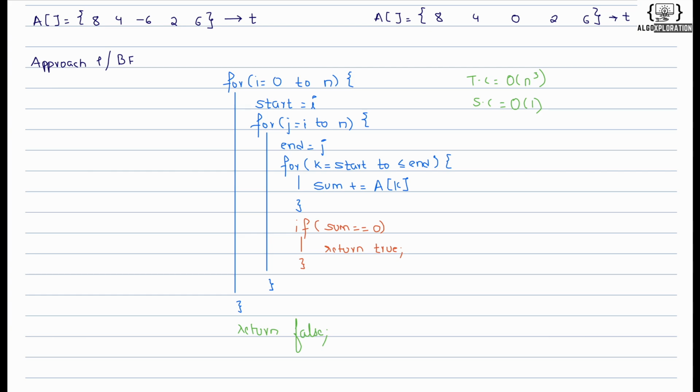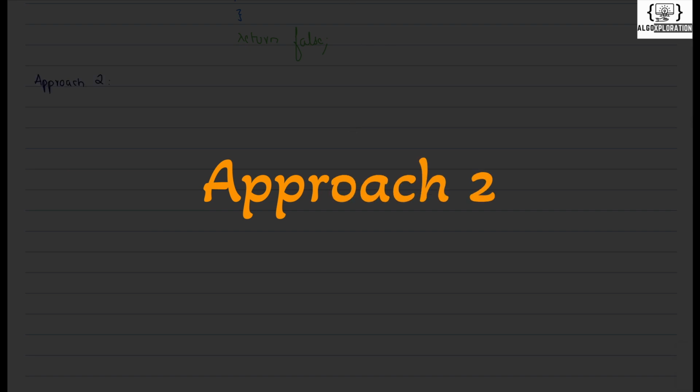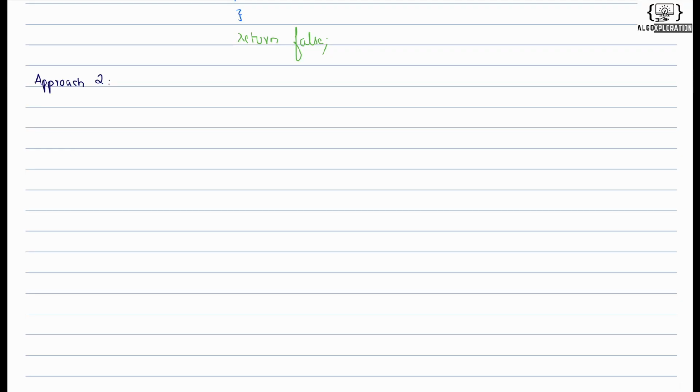Okay, so let's come to approach 2. We have also seen how to find the subarray sum by using the prefix sum approach. So let's observe this prefix sum approach.